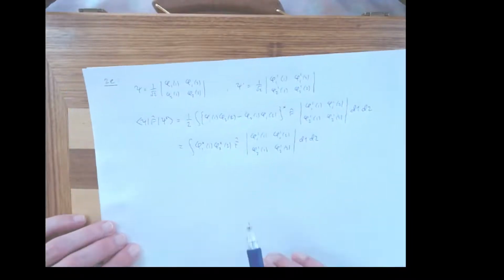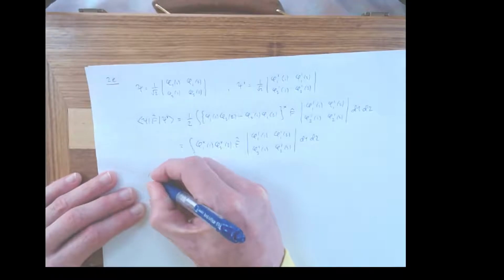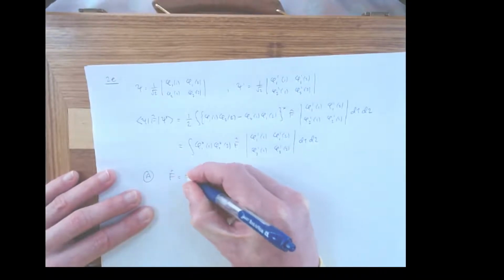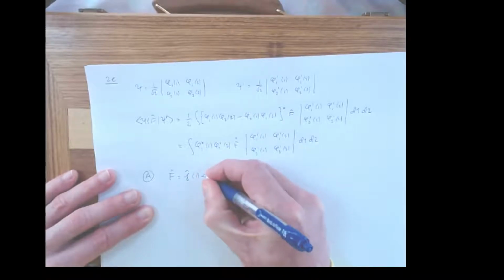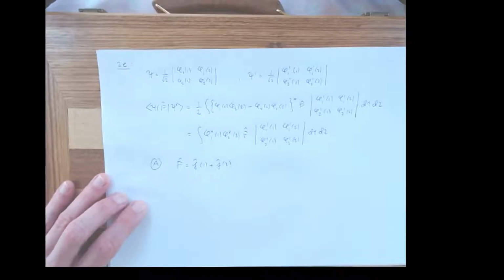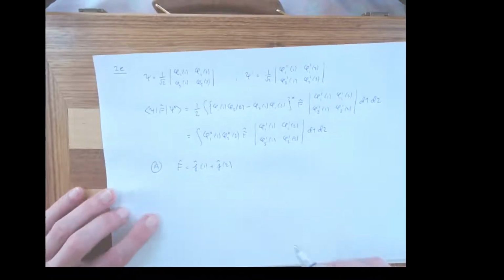Okay, so let's now start by looking at the A case, with f as some simple sum of two single body terms here.